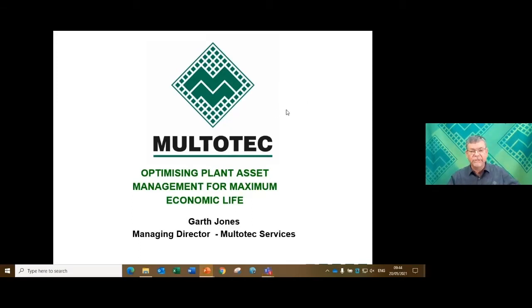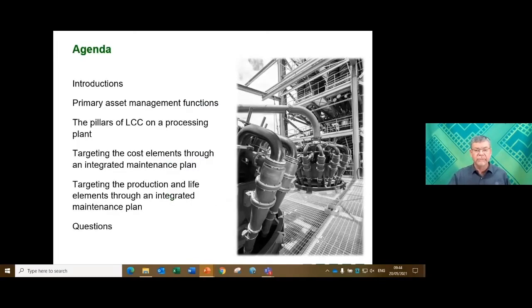Quickly, the topics that we're touching on are: what are the primary asset management functions in a plant, the pillars of life cycle costing, how to target the cost elements through an integrated maintenance plan with some examples, and lastly, targeting the production and life elements of the plant through an integrated maintenance plan.